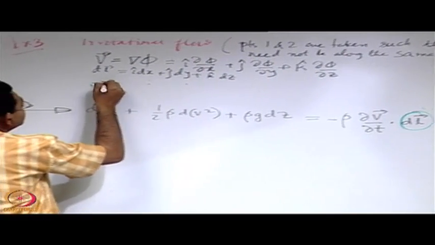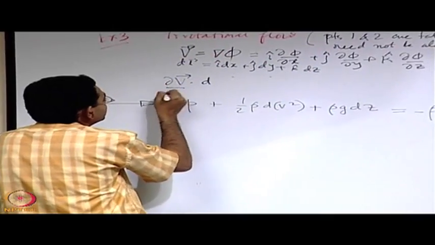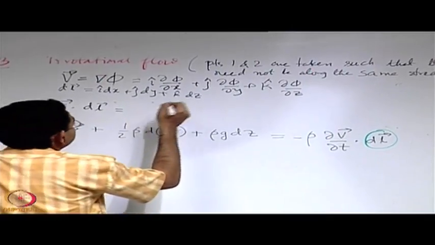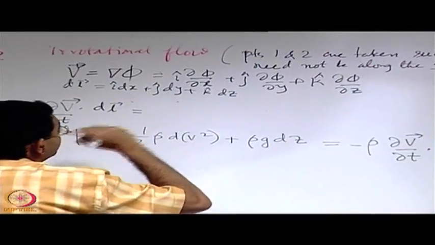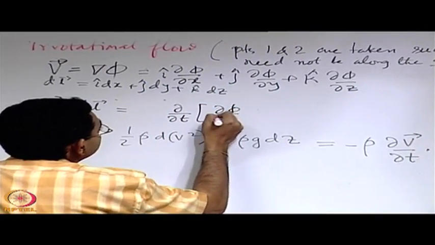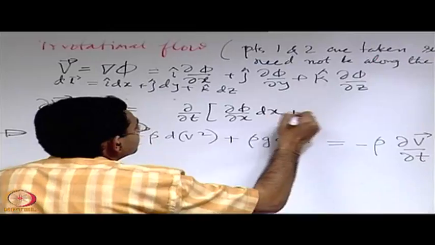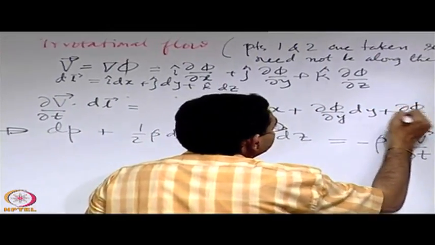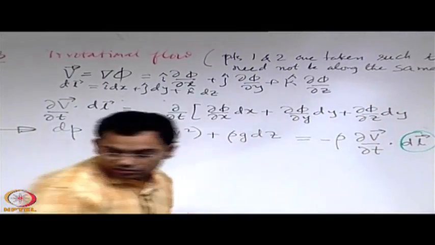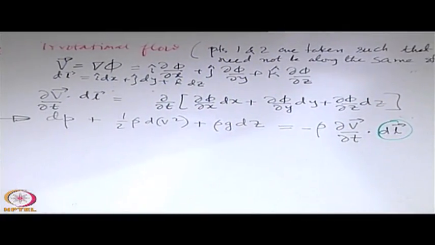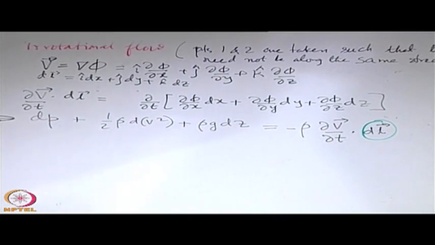So the partial derivative of V with respect to t dot dl, what will that be? We can see that it is a sum of the 3 partial derivative terms for variations along x, y and z.